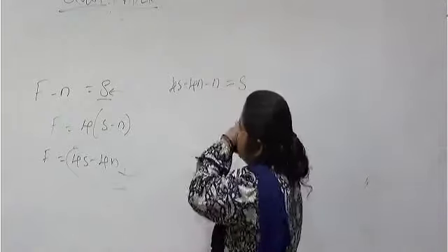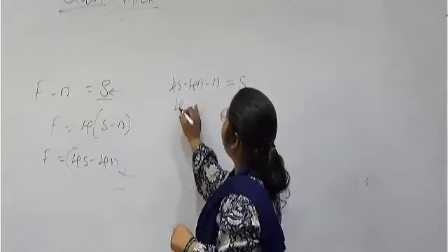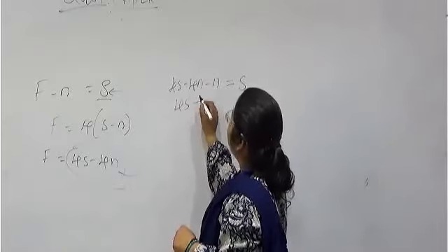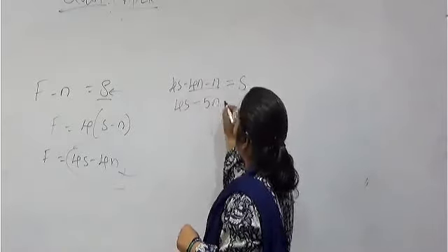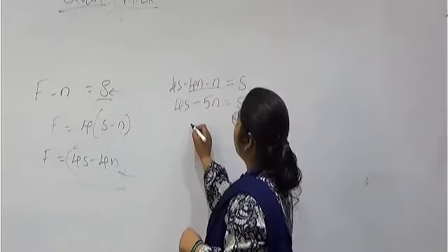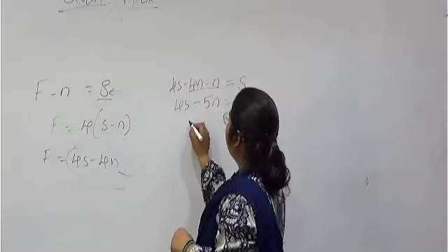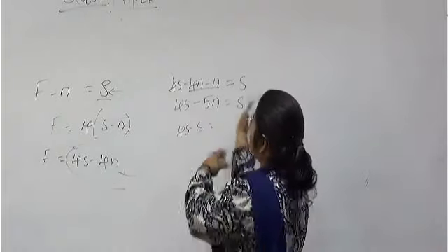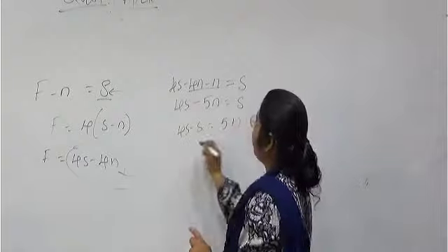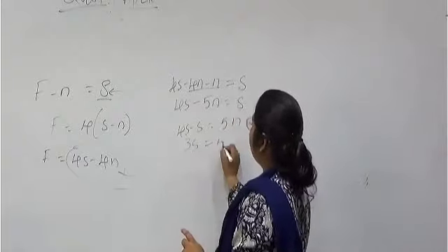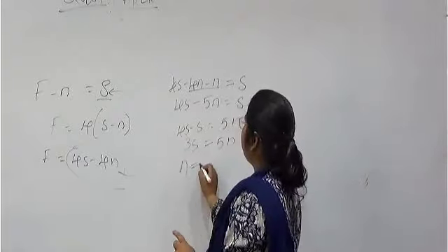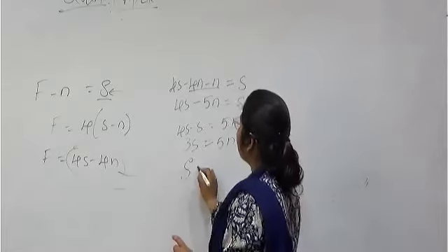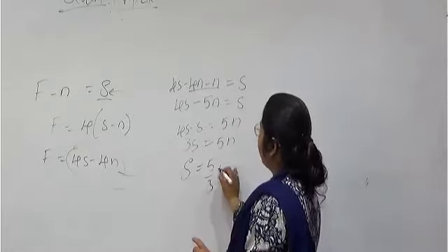Yes or no? 4S minus how much? 5n is equal to S. Now set that 5n to that side, and this S will come this side. 3S is equal to 5n. S is equal to, can I write 5 by 3n?